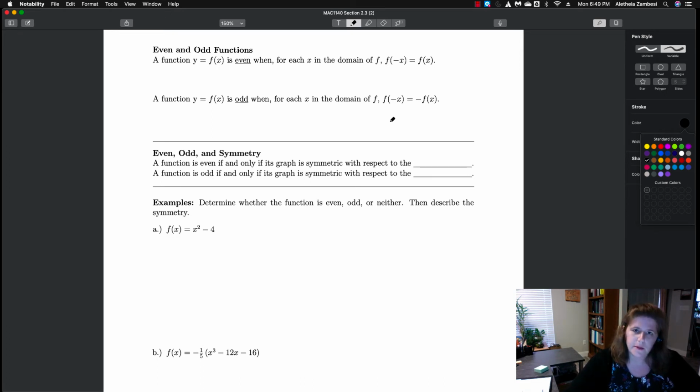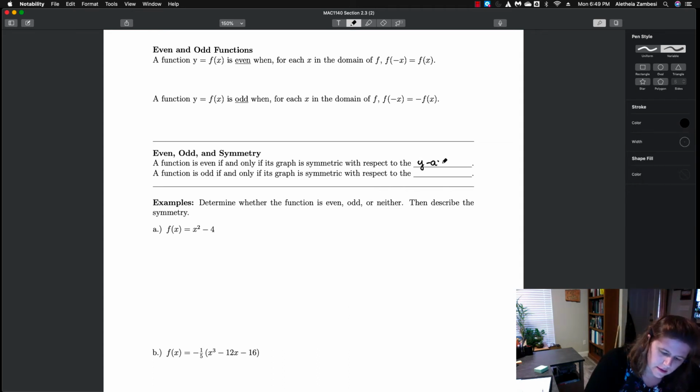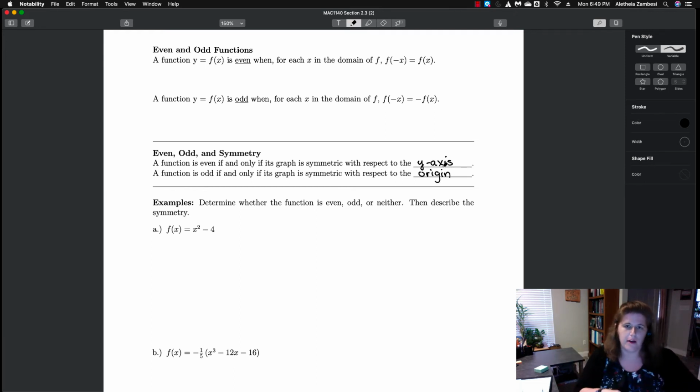As far as symmetry is concerned, a function is even if the graph is symmetric with respect to the y-axis. So if you can fold it on the y-axis, it's an even function. A function is odd if and only if it's symmetric with respect to the origin. So flipping it around with respect to the origin, then it would be odd.